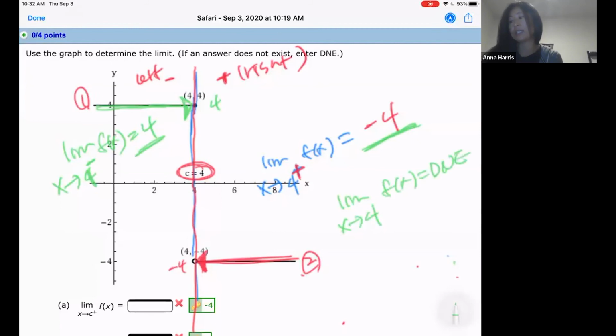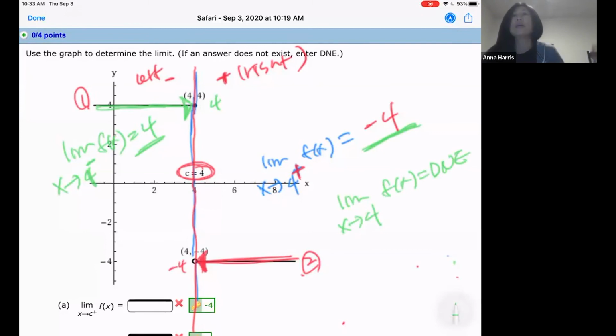It does not exist because -4 is not the same as +4. They're not meeting together. If they meet together, you have the limit. If they don't meet like this, that means it does not exist. You don't have the limit. You have one-sided limits, but not the limit.